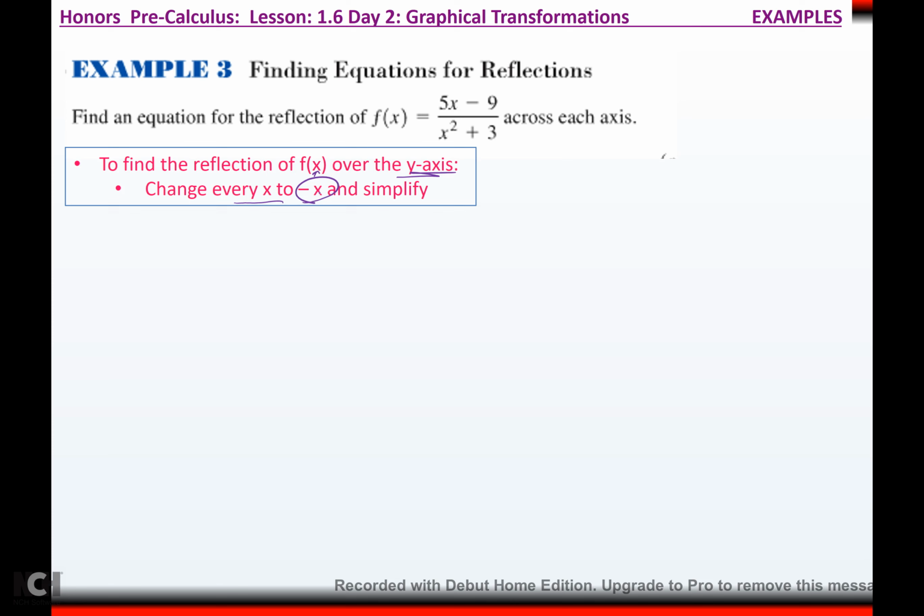Which means I would have 5 times negative x minus 9 over negative x squared plus 3. That's going to be negative 5x minus 9 over x squared plus 3. And that would flip it over.